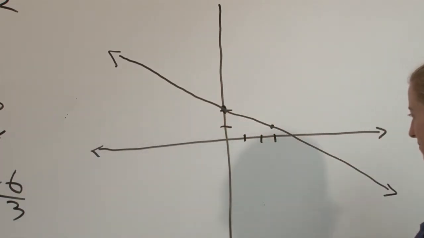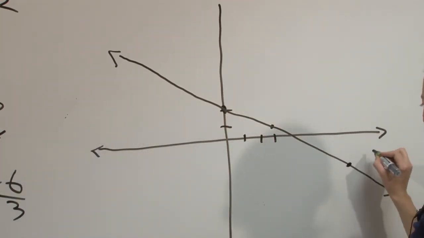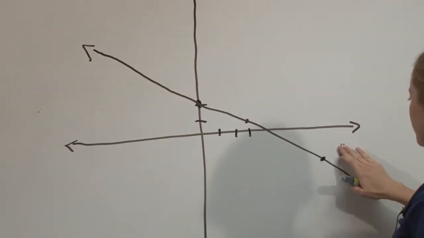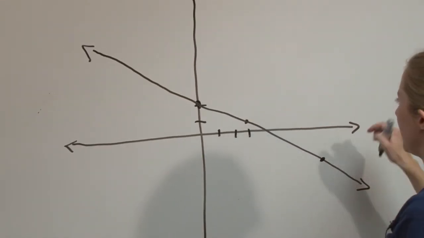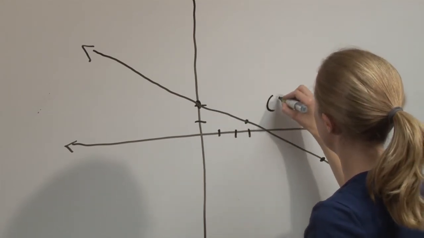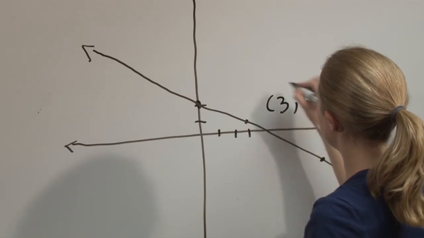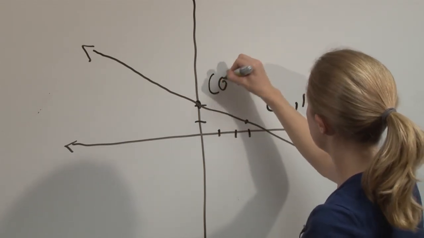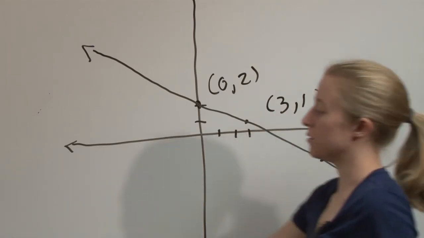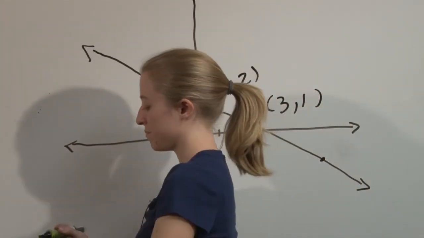So any point on this line, here's 3, 1, 0, 2, is a solution of both equations, because both equations are the same.